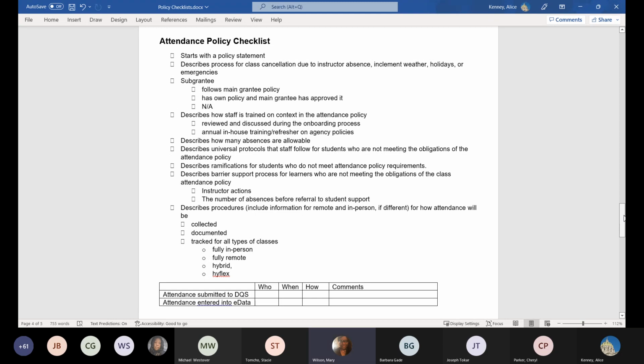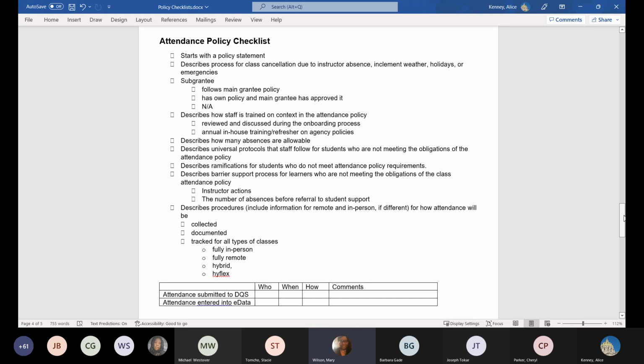The next item I will discuss is describe universal protocols that staff follow for students who are not meeting the obligations of the attendance policy. All staff should be following the same protocols and not have individual policies. Having silo policies can cause confusion among learners and possibly discrepancies in your attendance data.